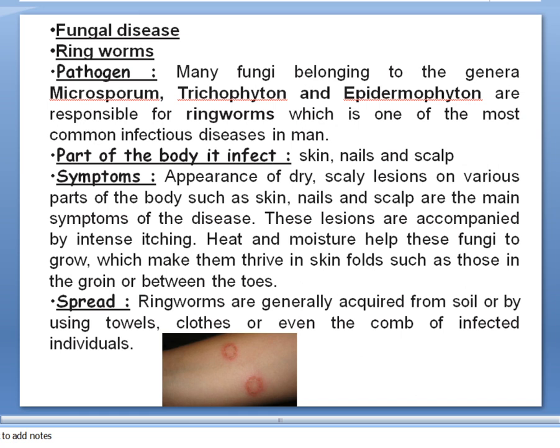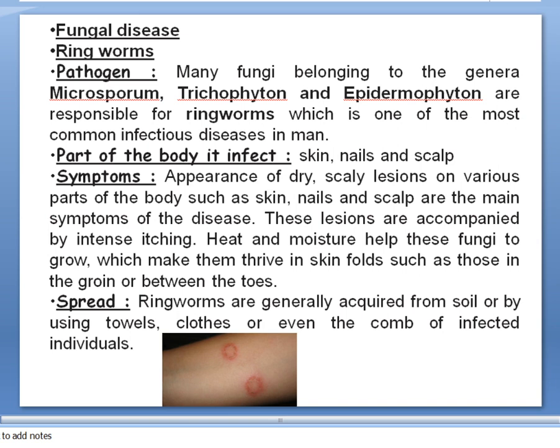And usually the growth is helped by the warmth of body regions, wherever it finds warmth, these fungi will grow intensely. So how will this germ, this fungus, spread? It will spread usually through direct contact. Usually these fungi are found in the soil.